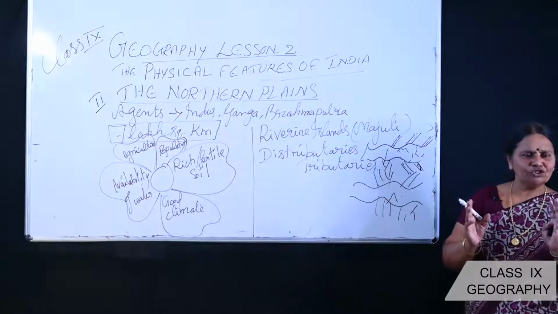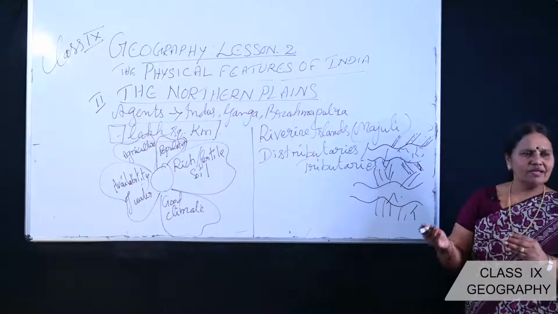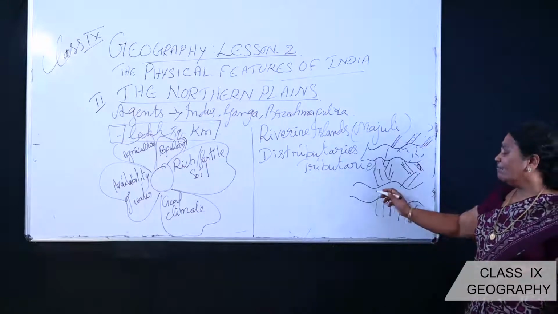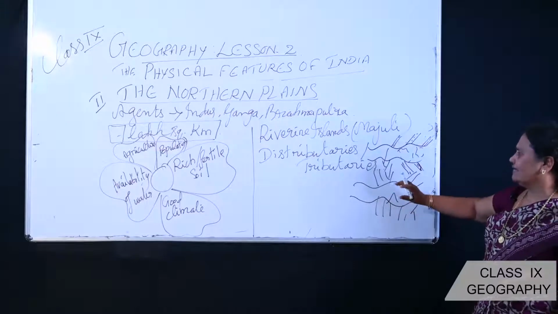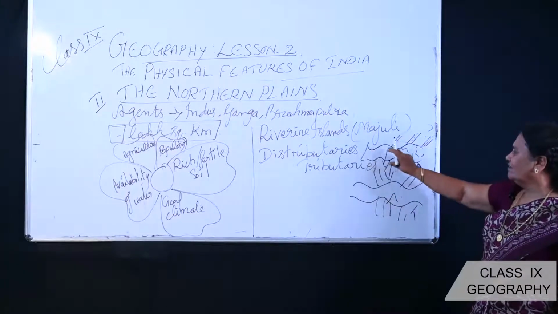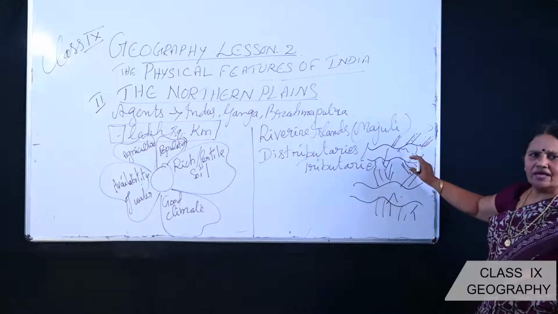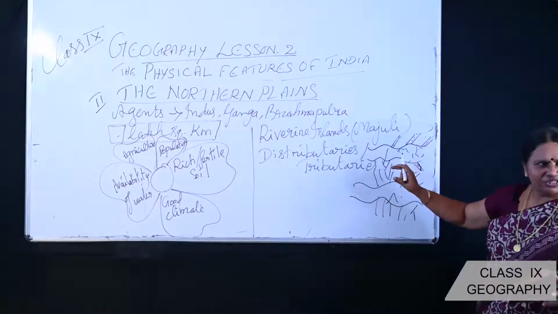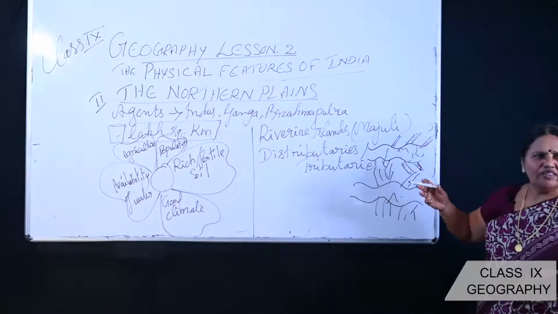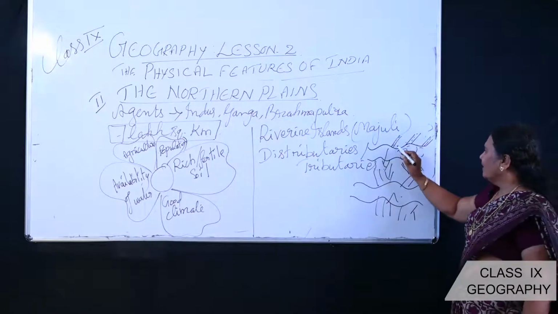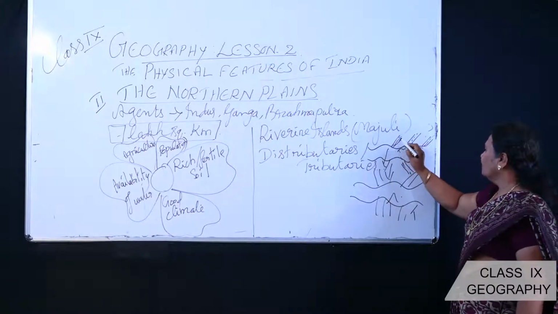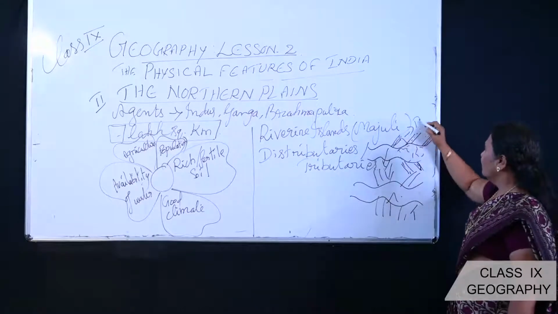So with tributaries, you should know that the small rivers are tributing their water to the main river, thereby the main river water level is increasing. But with distributaries, when the river comes to the lower course, the river becomes sluggish, difficult to move along with a huge load of sand. So they are ready to deposit their sand. That is why they are forming what? See here, delta.